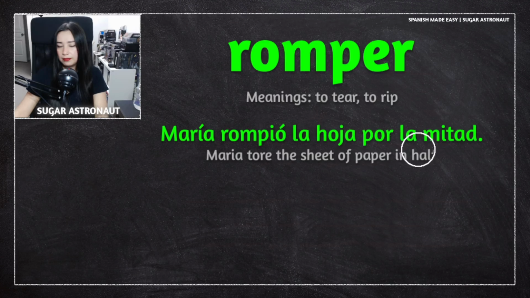Excellent. So let's see how this sentence works. Let's break this down. Maria means Maria. Rompió, we have the verb here. Rompió, tore, okay, past tense. La hoja, very interesting. La hoja can mean leaf from a tree, or it can mean a piece of paper, okay?